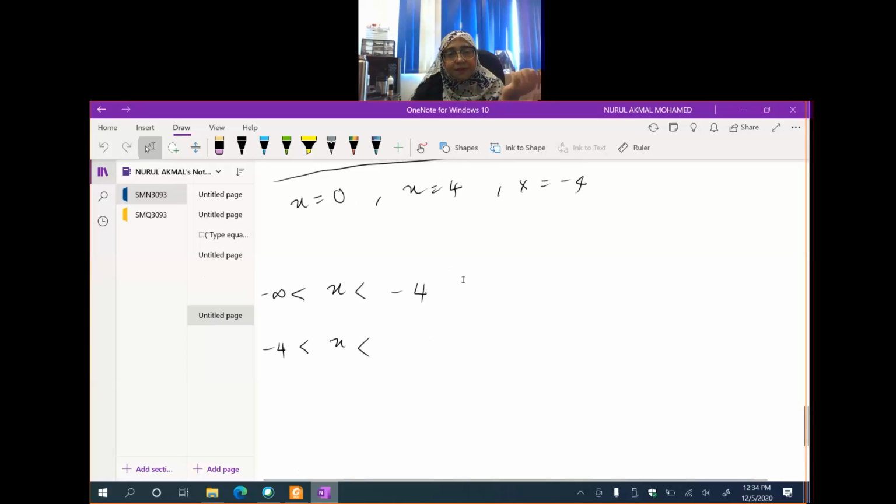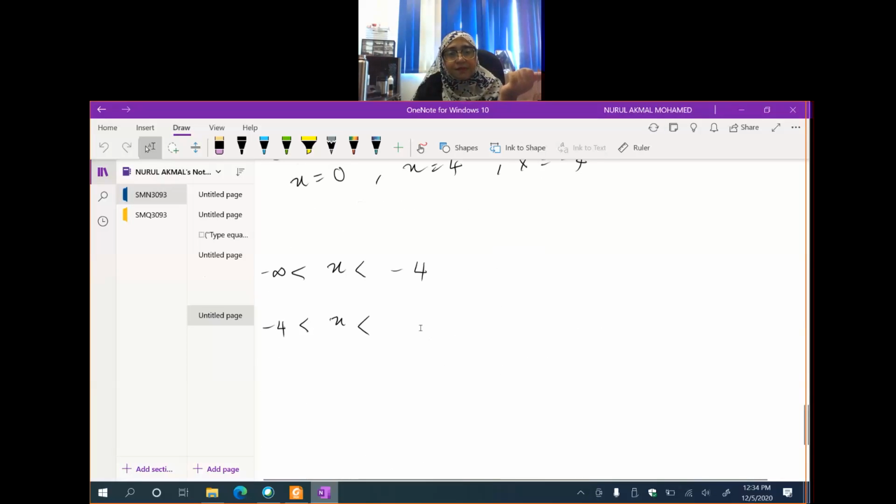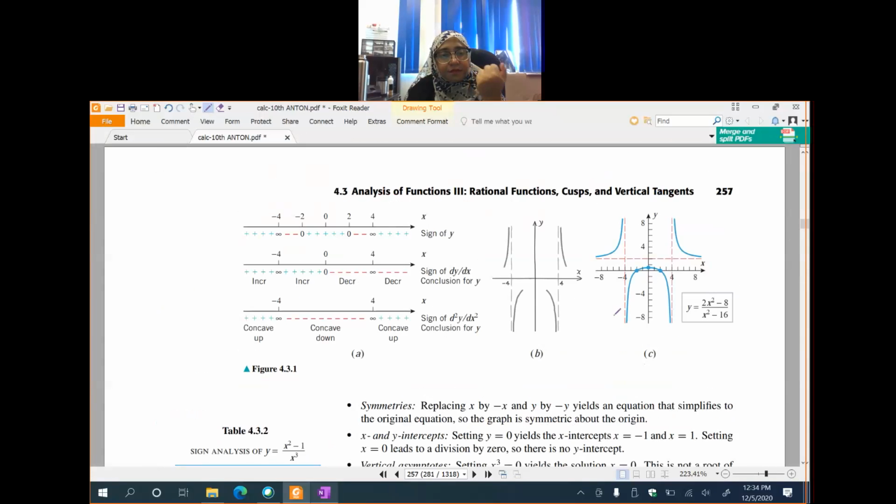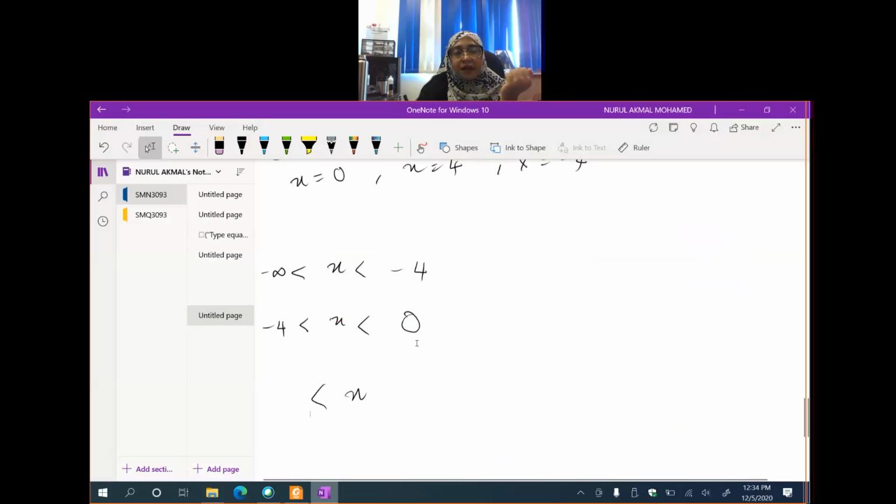Negative infinity up to negative 4, and then negative 4 up to 0. And then 0 up to 4, and then 4 up to infinity.